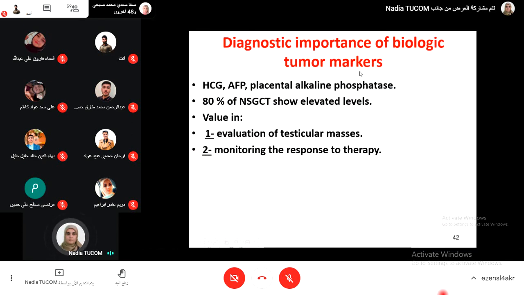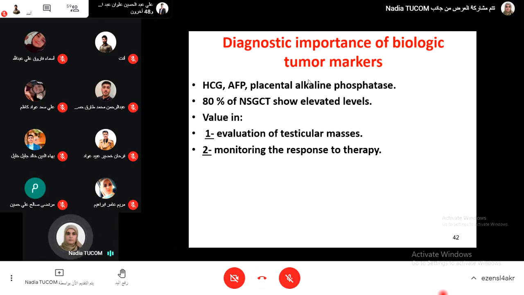Tumor markers are important diagnostic tools in testicular tumors, including beta-HCG, alpha-fetoprotein, and placental alkaline phosphatase. 80% of non-seminomatous germ cell tumors show elevated levels of these tumor markers. They are important for diagnosis, for follow-up, and for monitoring response to therapy.